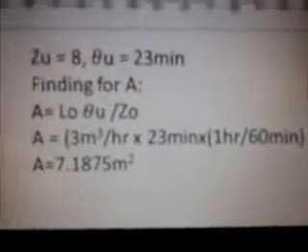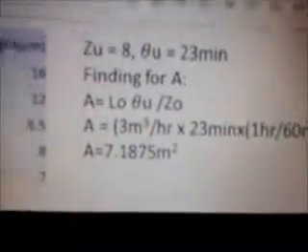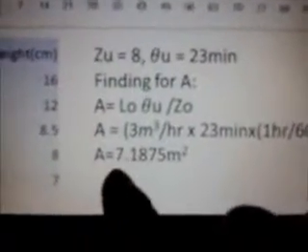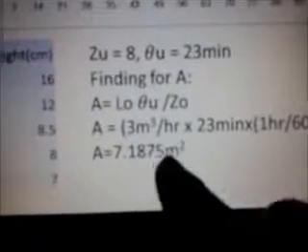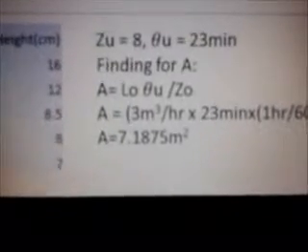Just change the units so that you will have a homogeneous unit. So the answer will be 7.1875 meter squared. There you have it.